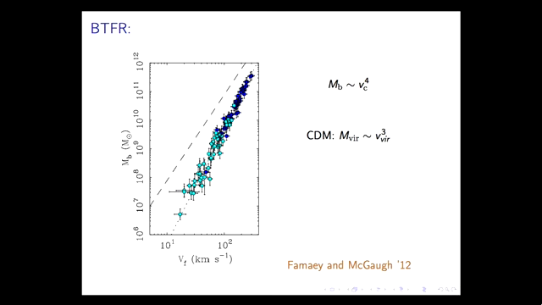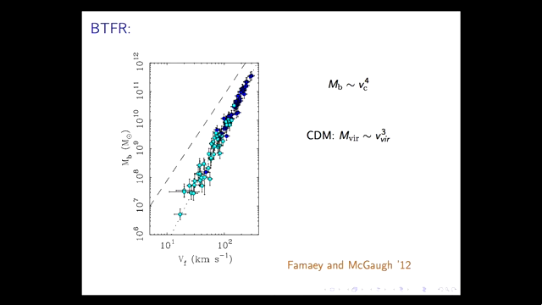Here, blue dots represent star-dominated galaxies, and the lighter blue, greenish ones represent the gas-dominated galaxies. As you can see, the galaxies in the universe follow this rule quite well. The scatter is very small around this relation, the slope being 4.